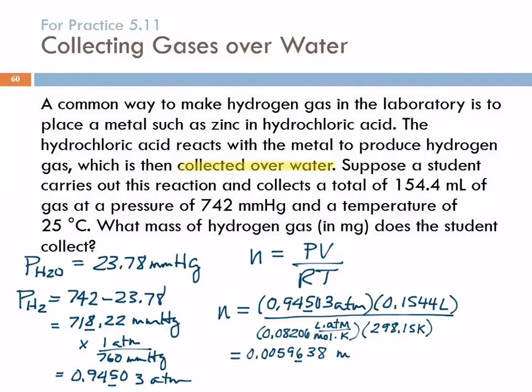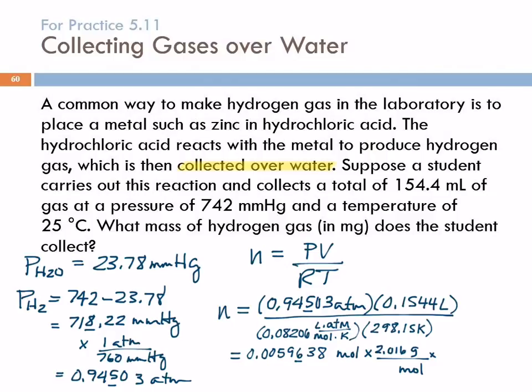This is moles. So how do we get milligrams? Well, we'll go to grams first. How many grams per mole for hydrogen gas? 2.016, because it's H2.